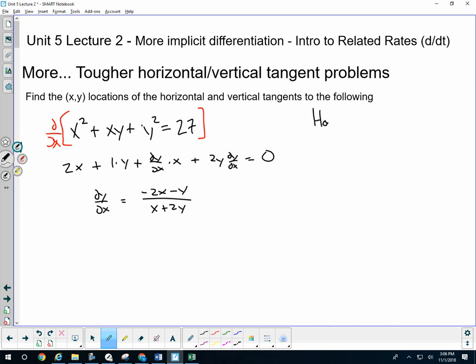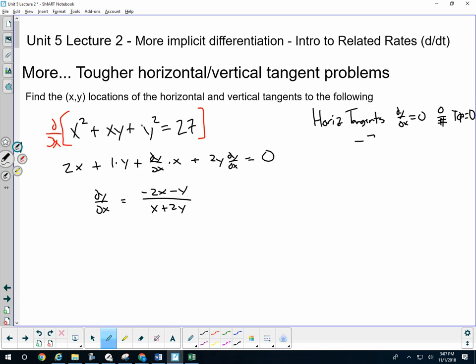Horizontal tangents. We know it's when the derivative equals 0. If I have a fraction, all I need is the top of the fraction to equal 0. So I'm going to set the top of my derivative equal to 0.